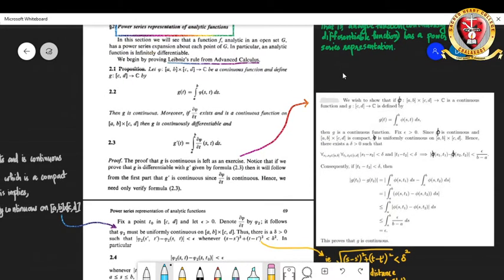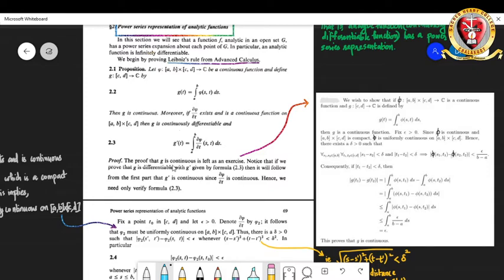So basically we have to prove that g is continuous, and that if the partial derivative of phi with respect to t exists and is continuous, then g is continuously differentiable and of this form.